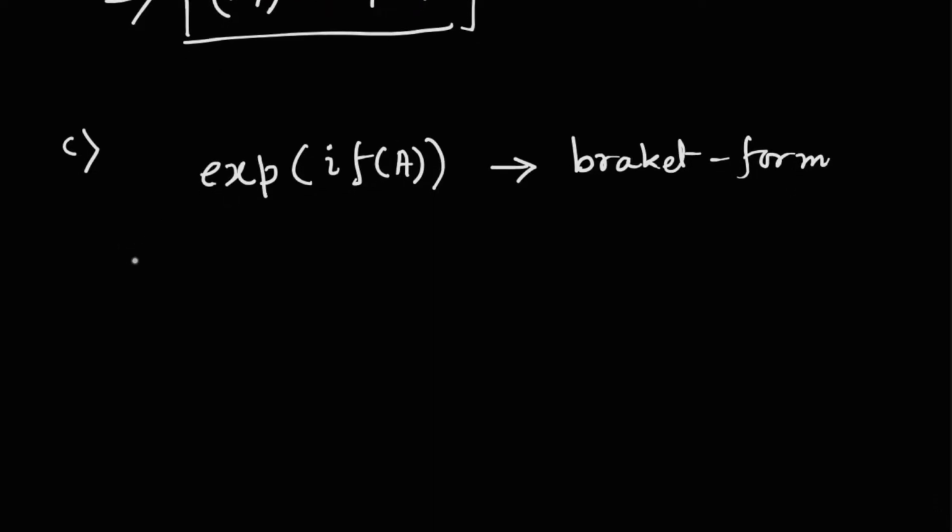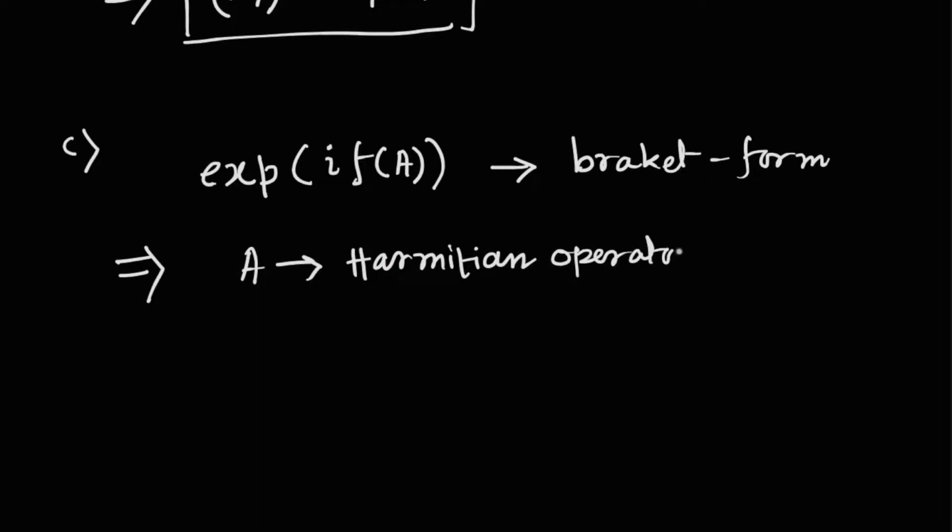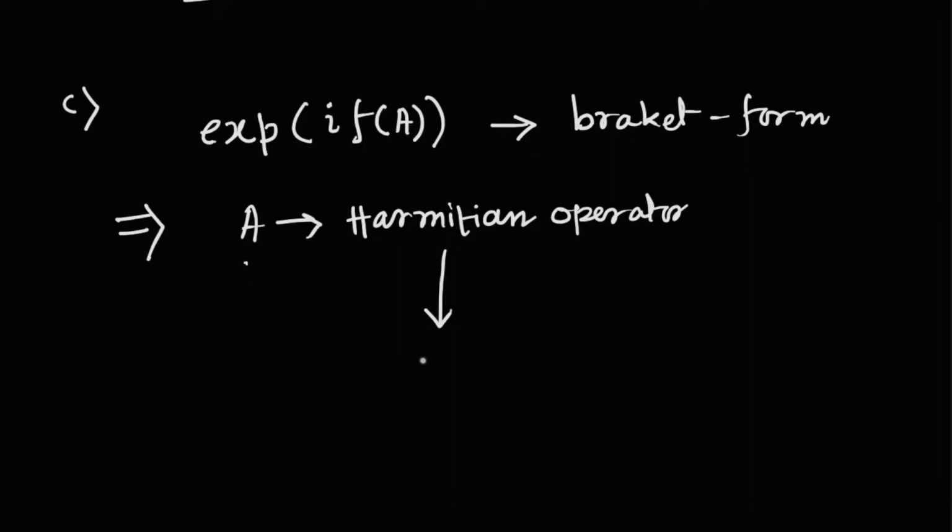Another given information is that A is a Hermitian operator. So we know that for a Hermitian operator, all eigenkets are orthogonal to each other.